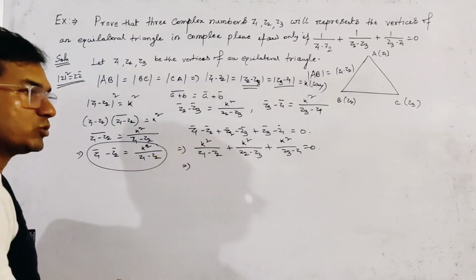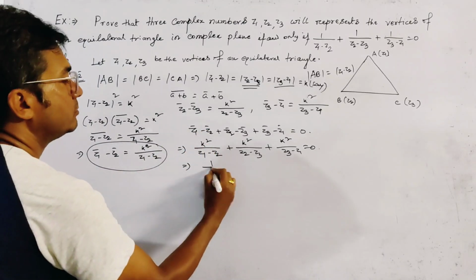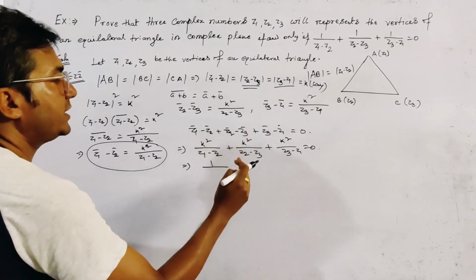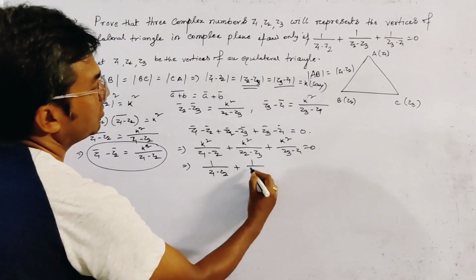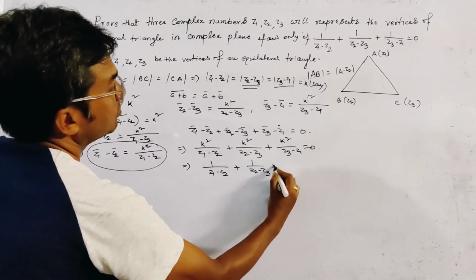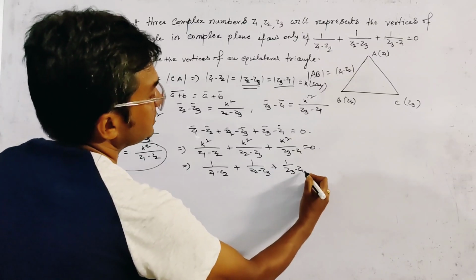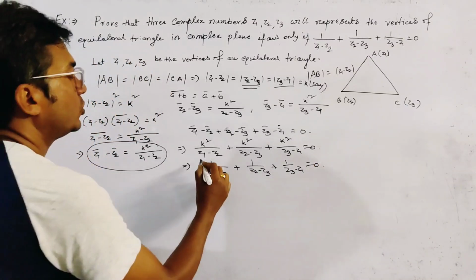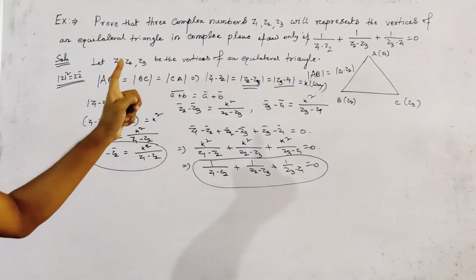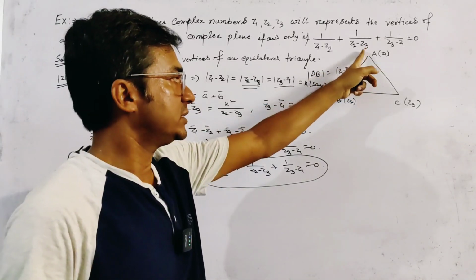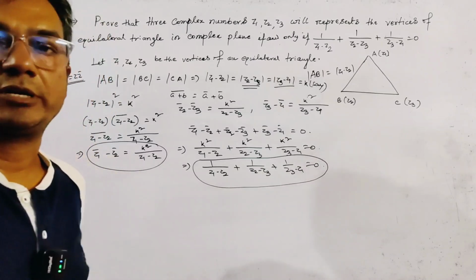Taking K square common and deleting it, we get 1 by Z1 minus Z2 plus 1 by Z2 minus Z3 plus 1 by Z3 minus Z1 equal to 0. So this is our required proof for the case where Z1, Z2, Z3 represent the three vertices of the triangle.